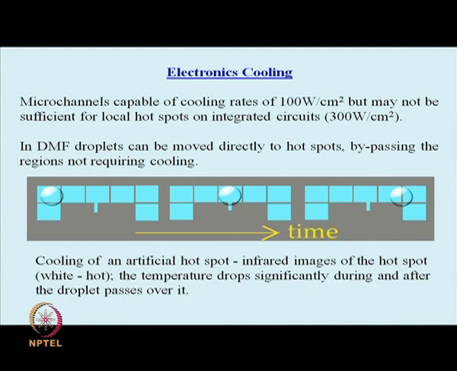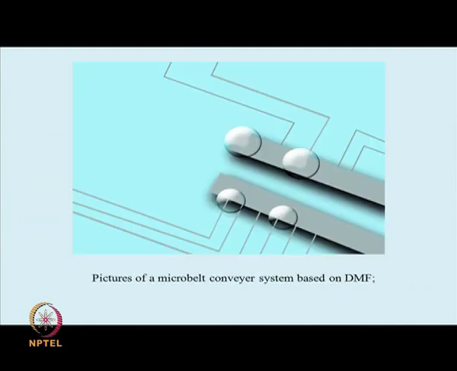As the droplet moves away from it, you would see a faint reappearance of the hot spot. So, by controlling the frequency and the velocity of the droplets, the hot spot generation on electronic chips can be controlled, which is a very interesting application example of droplet movement.